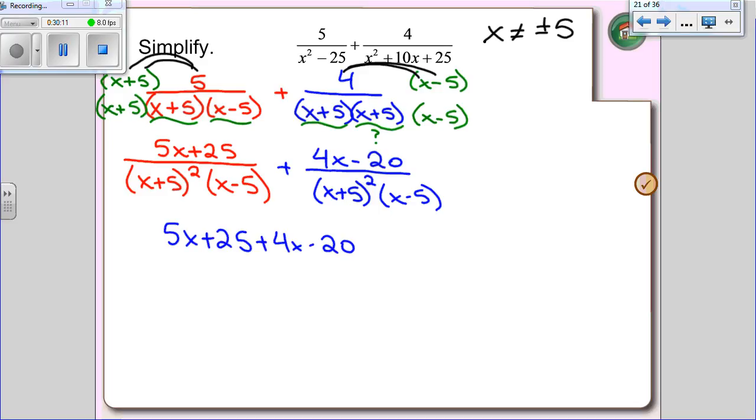Along the top, any like terms I can combine. 5x plus 4x become 9x. 25 minus 20 becomes plus 5. And the denominator stays the same.